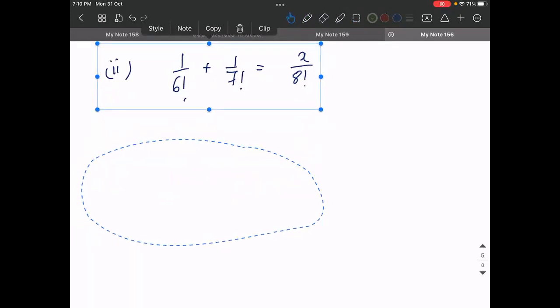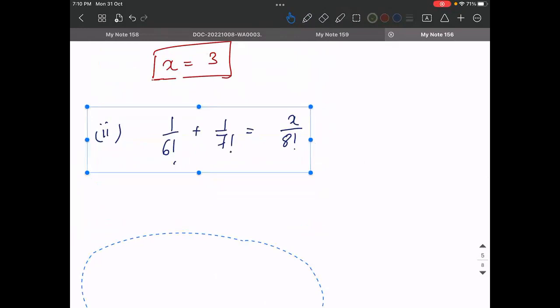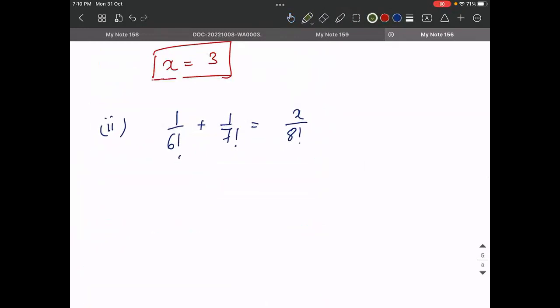LCM 9 factorial and HCF 6 factorial. Okay. Check one more time. If you have done, just go through it. How did you get it? Okay, 64 is correct. Second one.